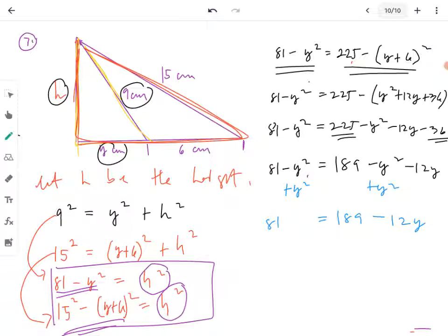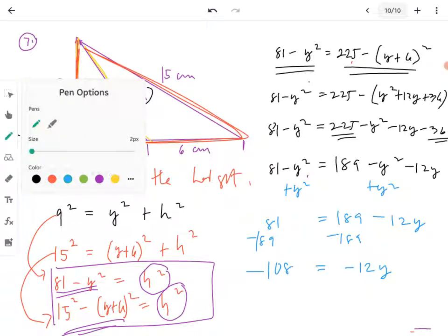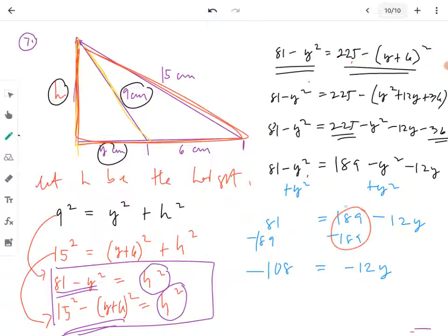From there, we can combine 81 and 189 by subtracting 189. So it becomes negative 108 equals negative 12y, because these are 0 already.